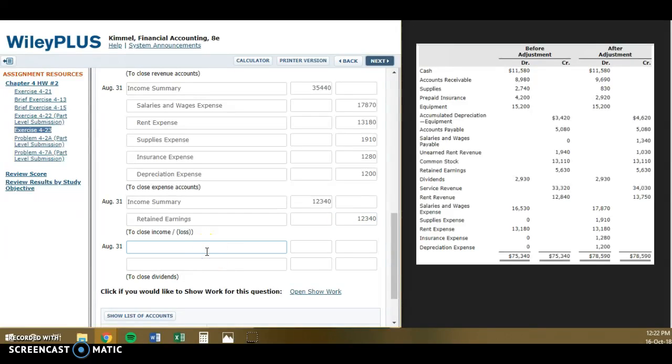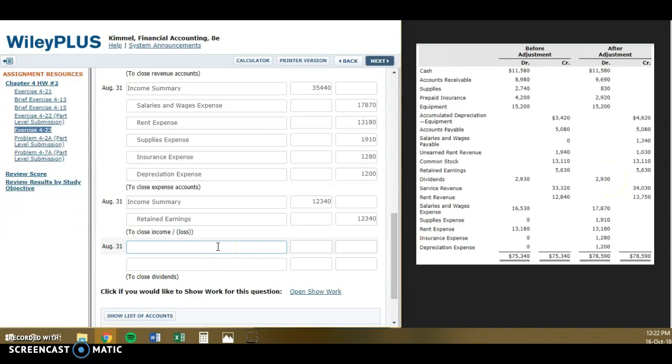And finally, we're going to close out our dividends. So to do this, we need to debit our retained earnings and credit our dividends to make sure that all the accounts, once again, will go to 0. So the dividends are found here, which are 2,930.